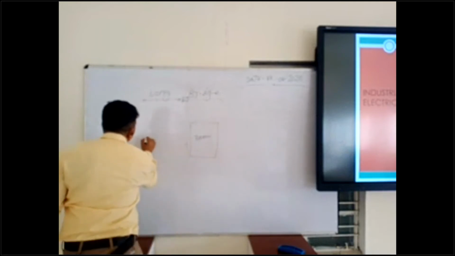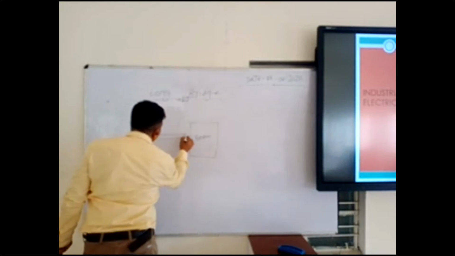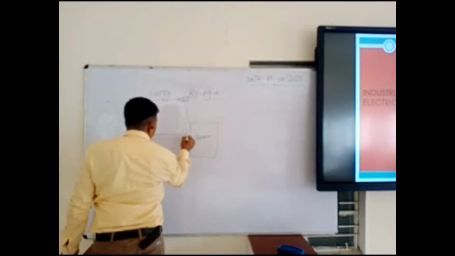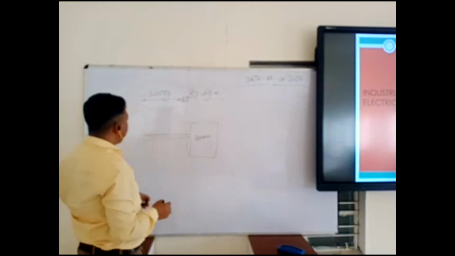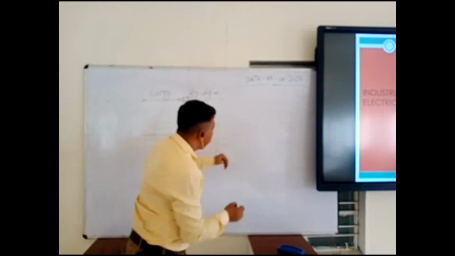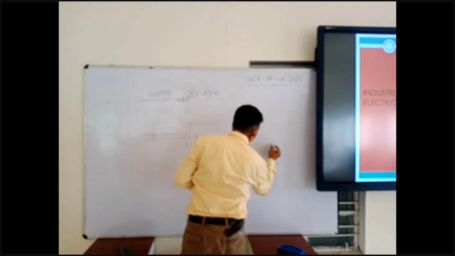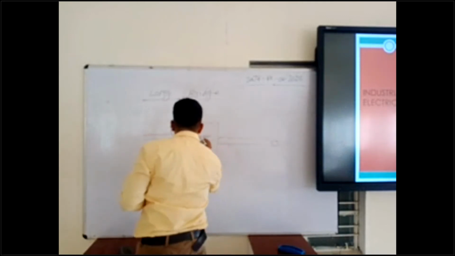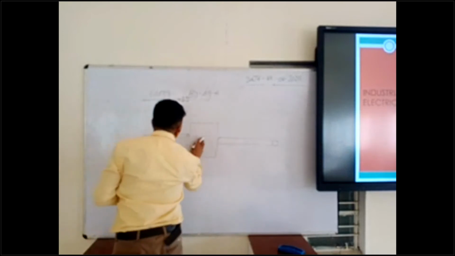So your pipe route is coming like that. You can make the piping like that. You want to cross the beam and your pipe is going here.